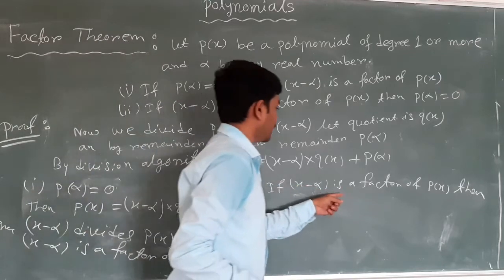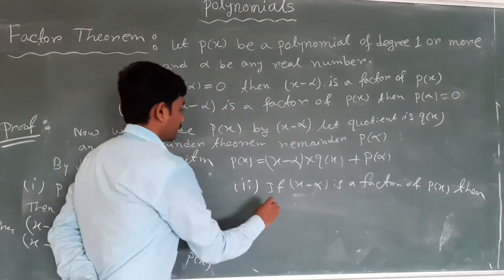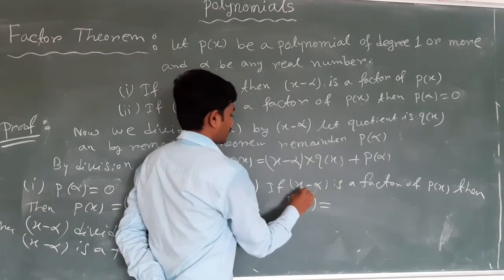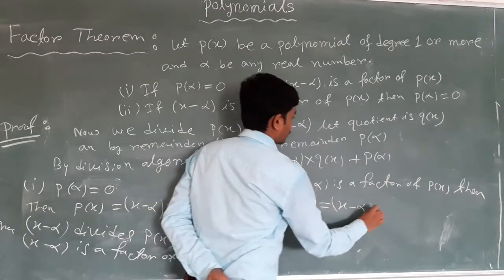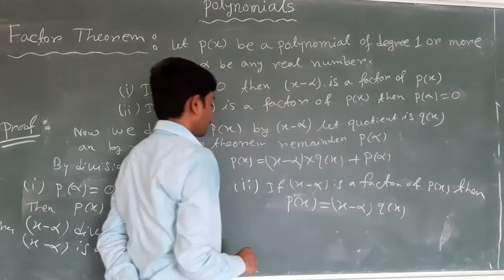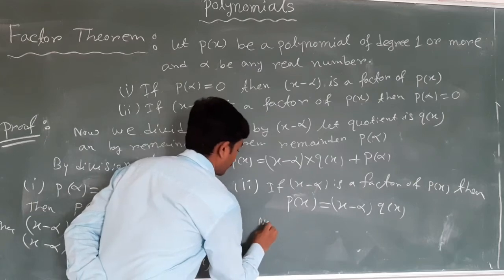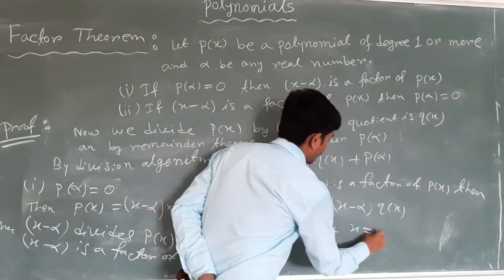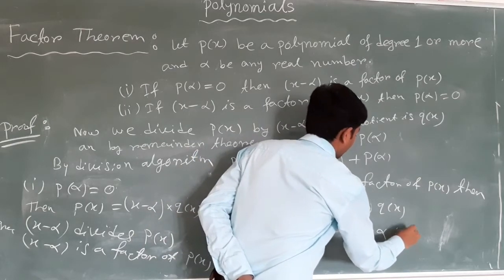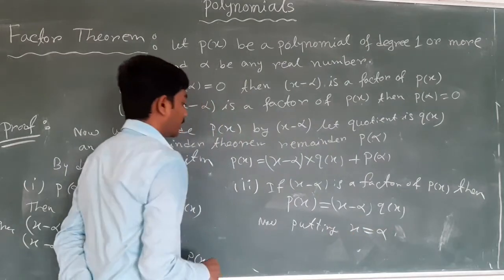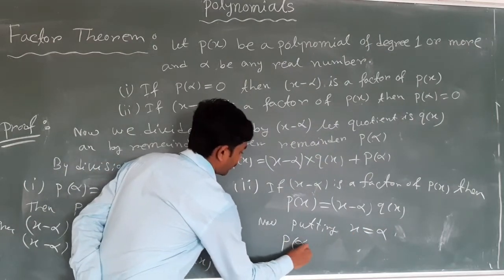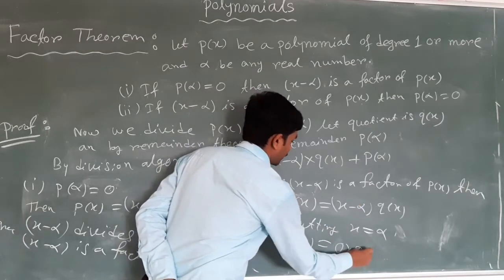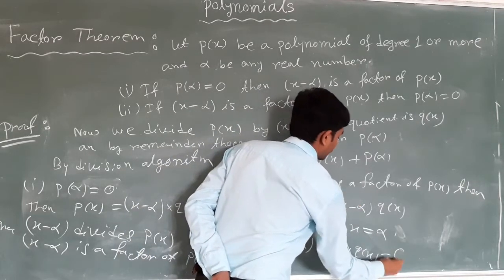Then if x minus alpha is a factor of p(x), p(x) can be written as divisor into quotient. So now putting x equal to alpha, p(alpha) is equal to alpha minus alpha, 0, into q(x), that is 0.